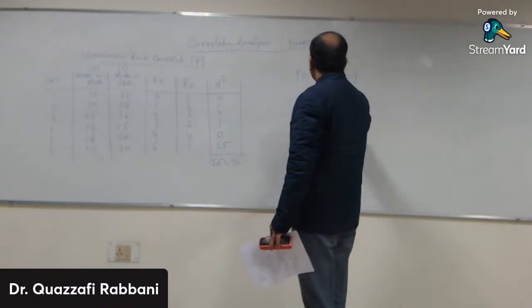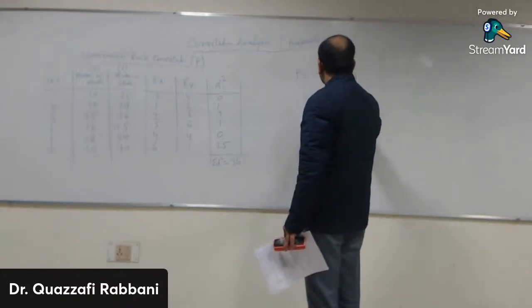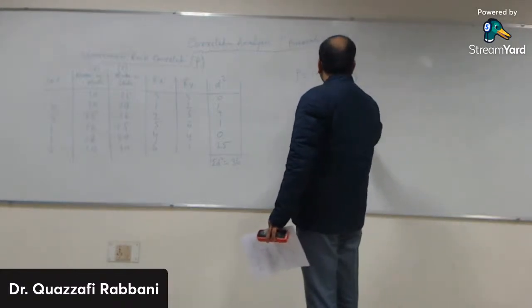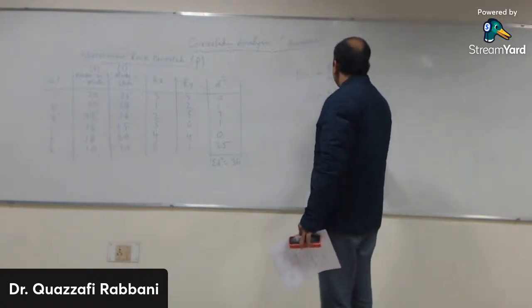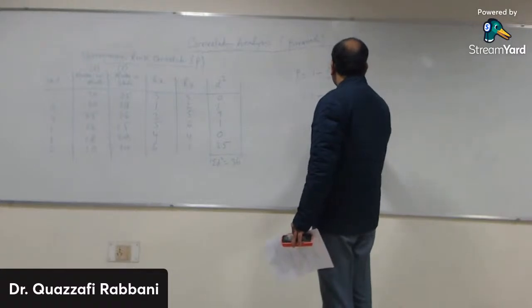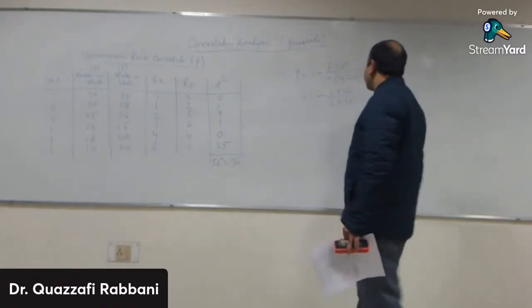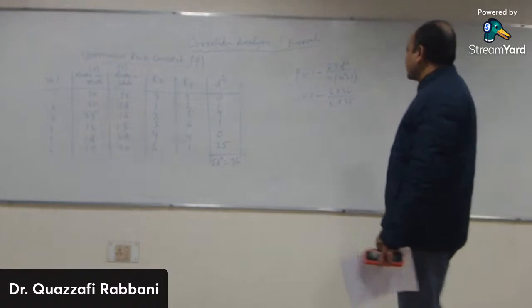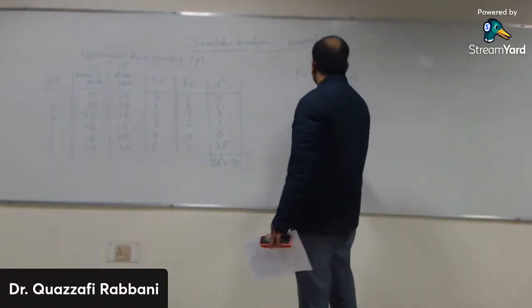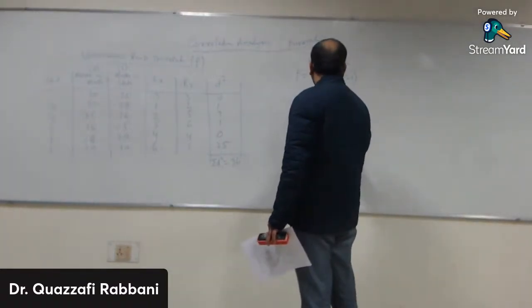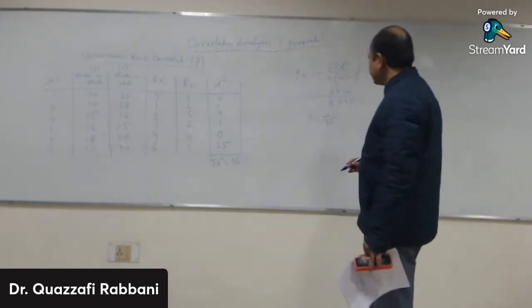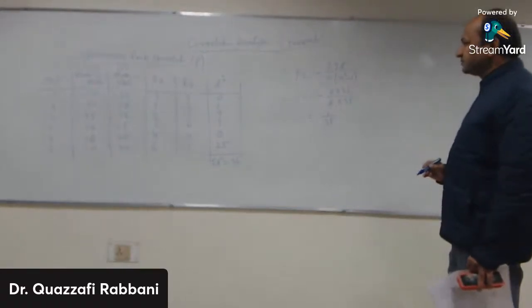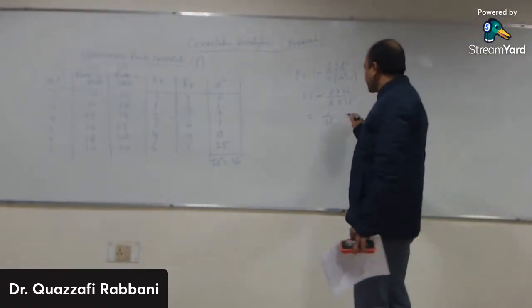So 1 minus 6 times 36 divided by 6 into n square minus 1, that is 36 minus 1, 35. So this 6 cancels and this is 1 upon 35.